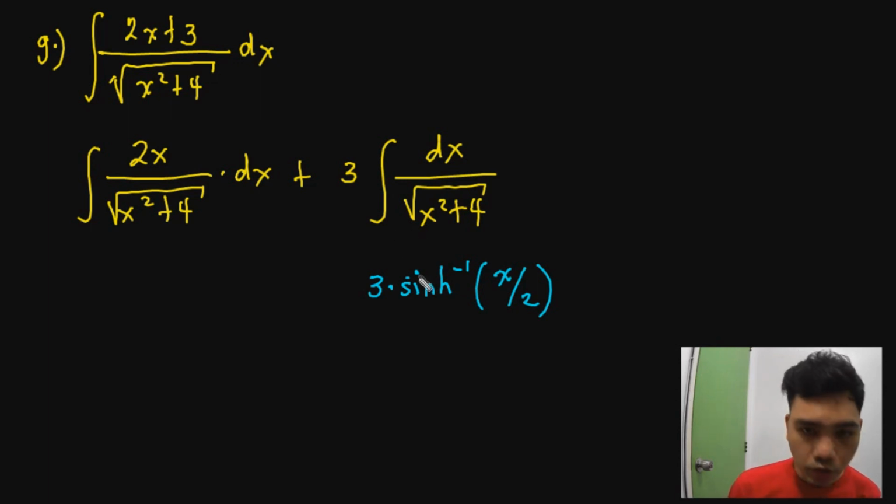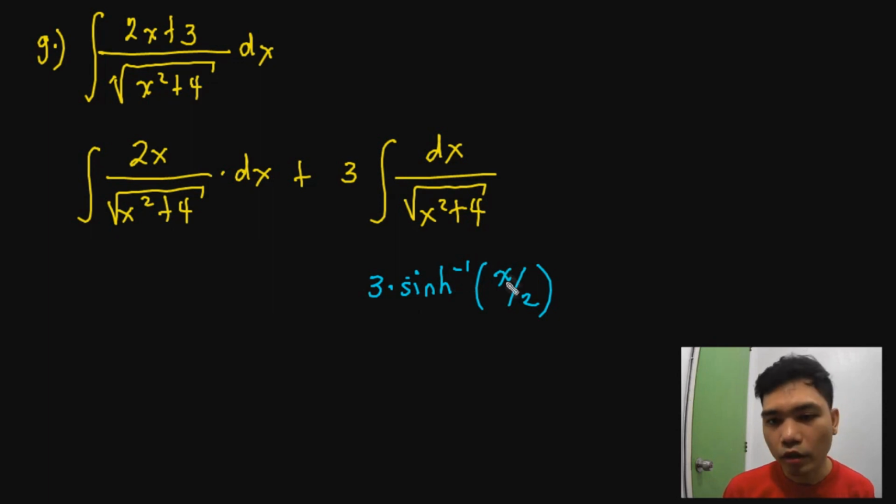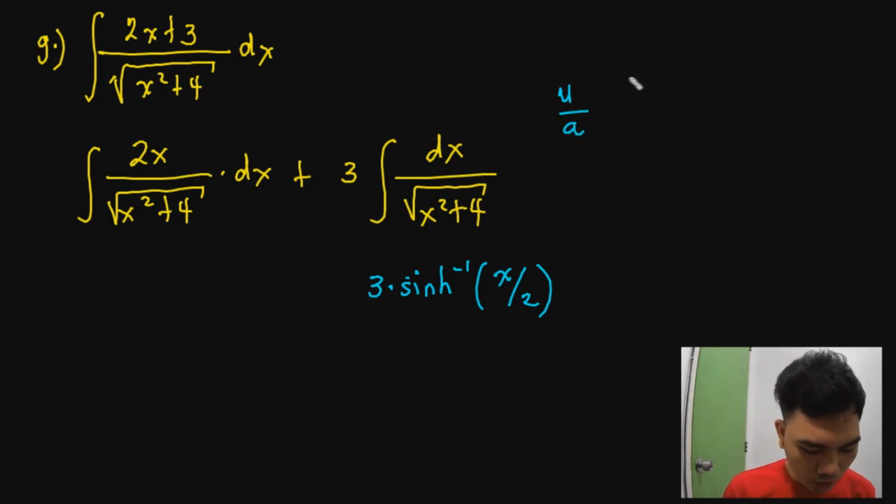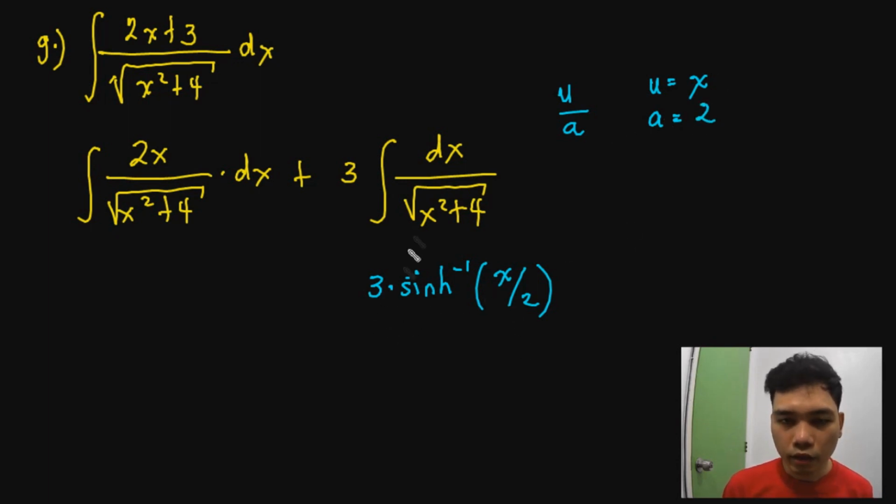So with that being said, that is 3 times the inverse hyperbolic sine of x over 2. Now that's actually u over a, where u is equal to x, and a is the square root of 4, that is 2. So that is the antiderivative of the last term.